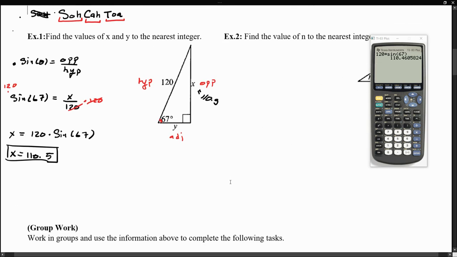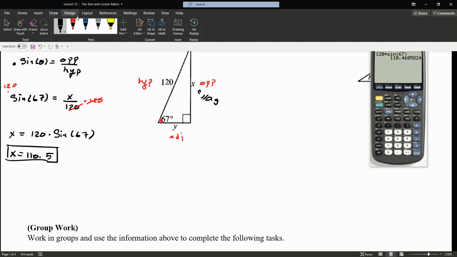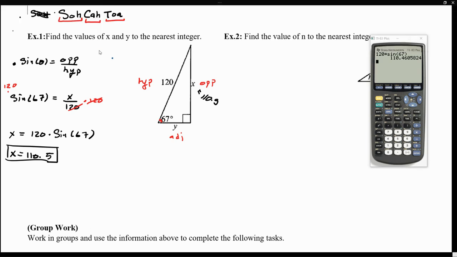Let me use a different color so we don't get a mix with the sine. Recall that the cosine of an angle is equivalent to the adjacent over the hypotenuse. Let's plug in what we know. The cosine of this reference angle, 67, is equivalent to the adjacent, which is y, over the hypotenuse, which is 120.